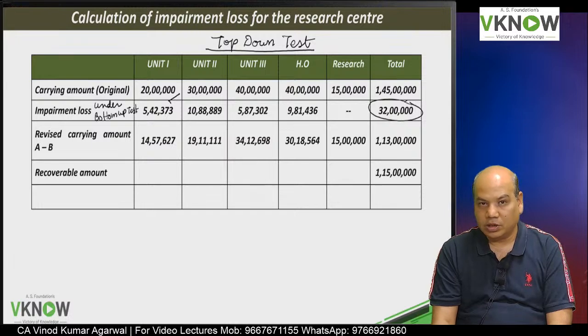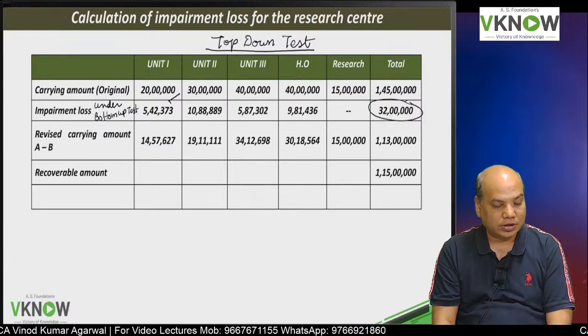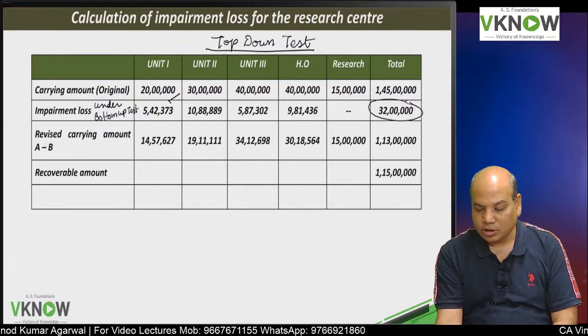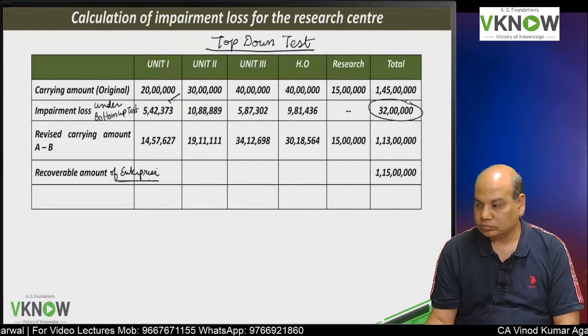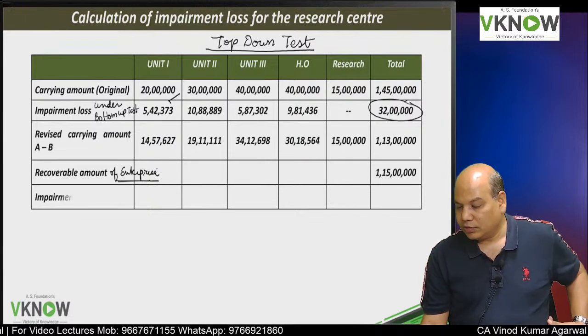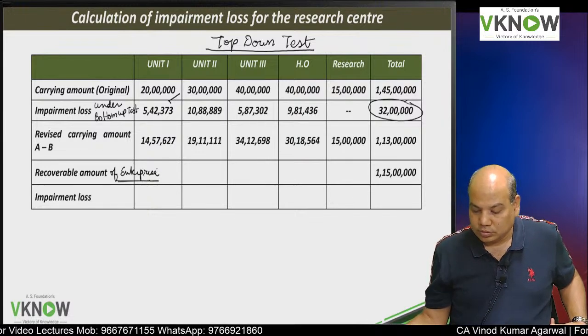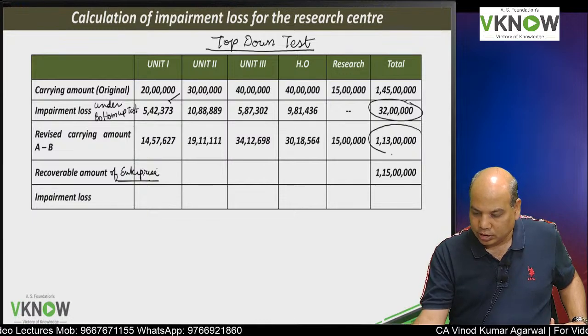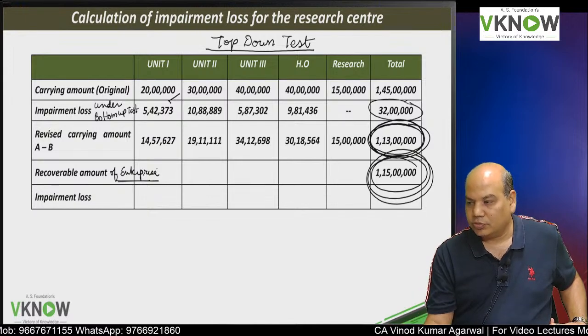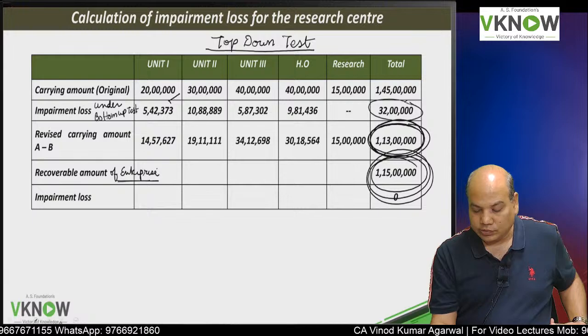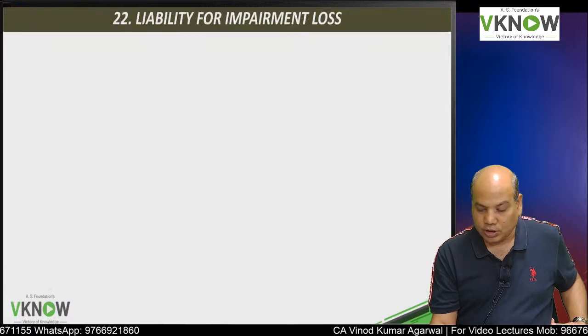Now write down the recoverable amount of the larger CGU, the recoverable amount of the enterprise as a whole, and that is 1 crore 15 lakh. Carrying amount 1 crore 13 lakh. Recoverable amount is more, so impairment loss is not there. So you will write a note.